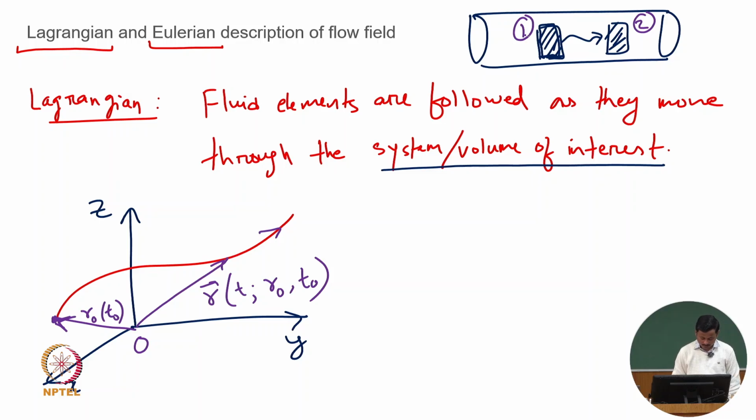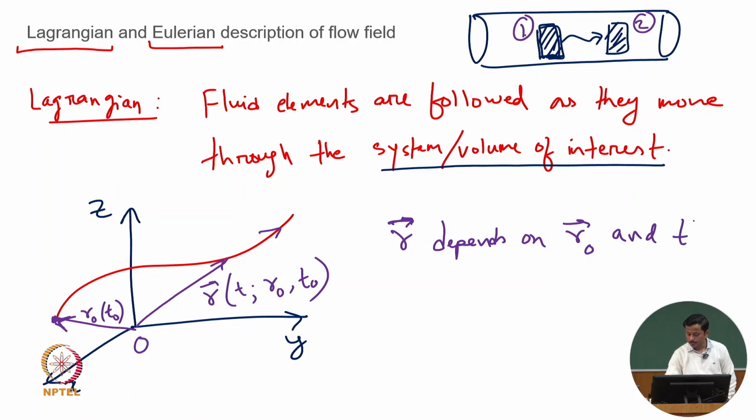So this specifies the flow field. Please note here that R depends on R naught and T. In this course, this arrow notation means it's a vector. So R is a vector. Any quantity with an arrow on top is a vector, and R naught is of course the initial vector, so this has an arrow on top.